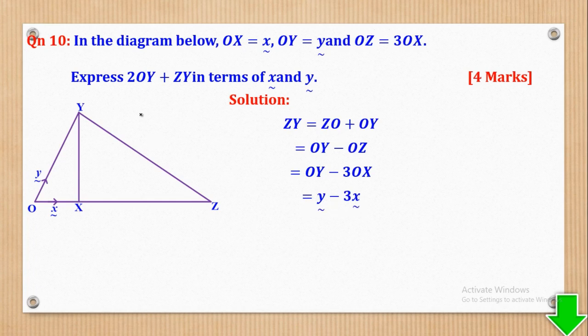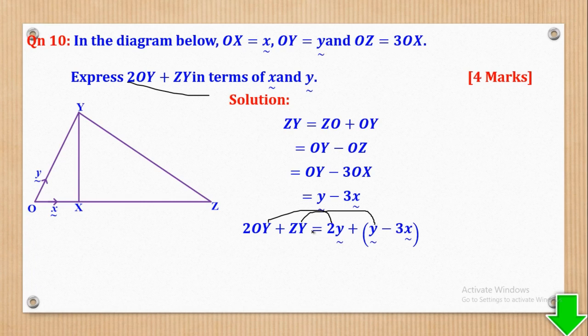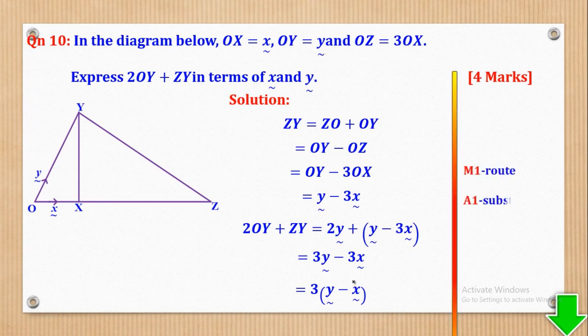Now that I know ZY, I can get the required expression 2OY plus ZY. 2OY will be 2Y tilde and ZY will be Y tilde minus 3X tilde. When I open brackets, 2Y tilde plus Y tilde gives 3Y tilde, and minus 3X tilde remains. Factorizing out 3, I come up with 3 in brackets Y tilde minus X tilde. So basically that's what they wanted.